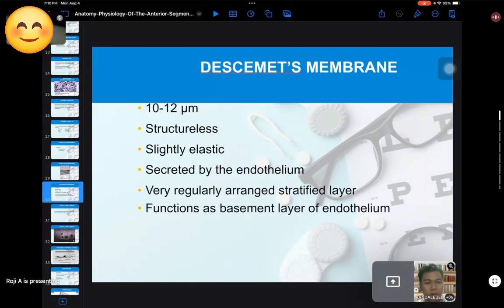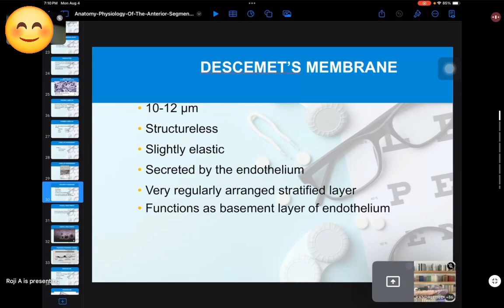So your Descemet's membrane. We're going through the ABCDE, correct? This is the ABCDE. Descemet's or Descemet, as you would always say, either way is correct. I just don't want you to be shocked when you hear it. It's also acceptable.